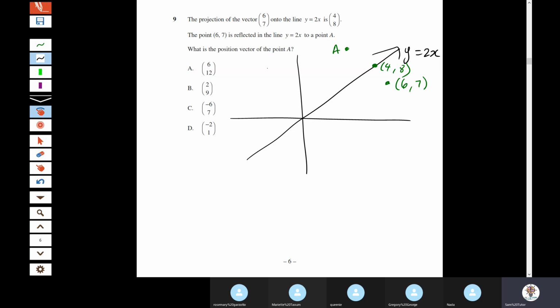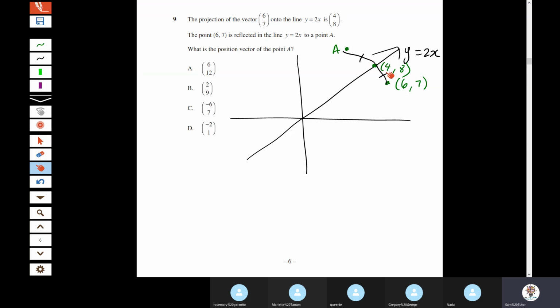Well, what we understand is that this distance and that distance need to be the same. Because the distance from 6, 7 to my projected point on the line needs to be the same distance from my line, y equals 2x, to this point. So the idea is, how many x values are you away from 6 to 4? 2.